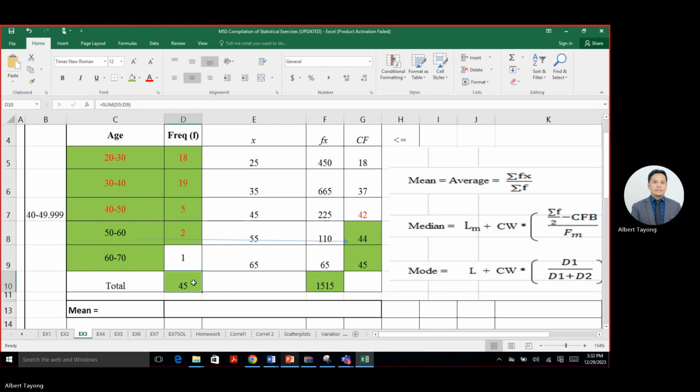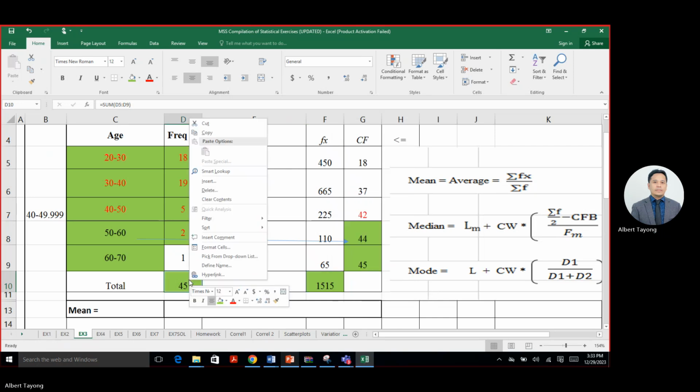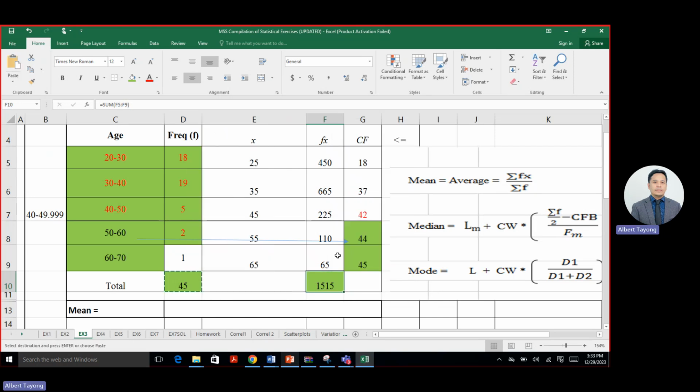Also, you can copy this formula here and paste here. It's going to give you 1515, because when you're copying any cell with a formula, it will copy the formula, not the value.